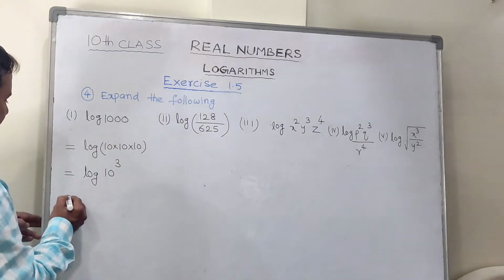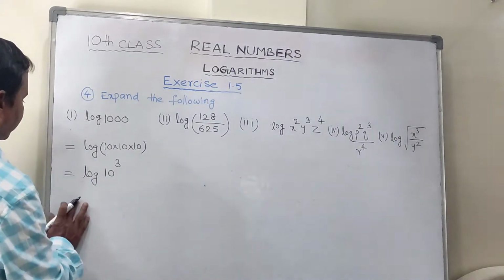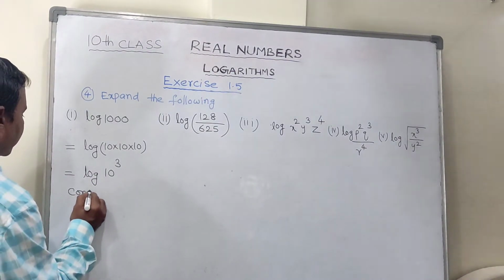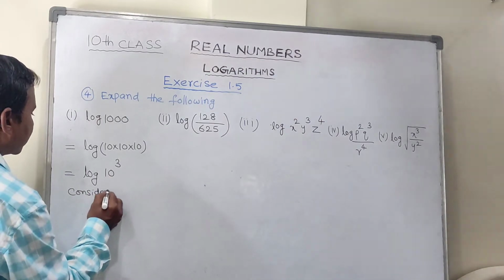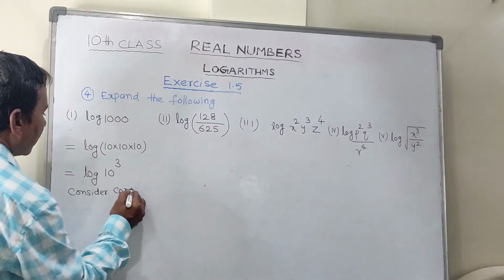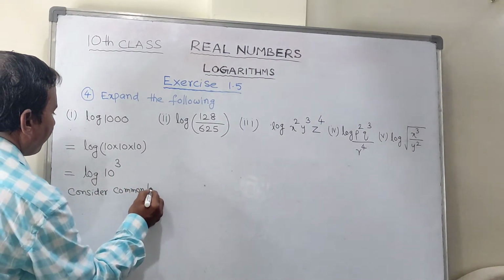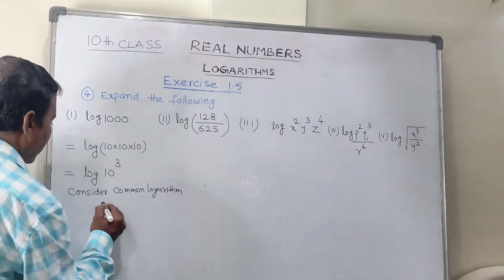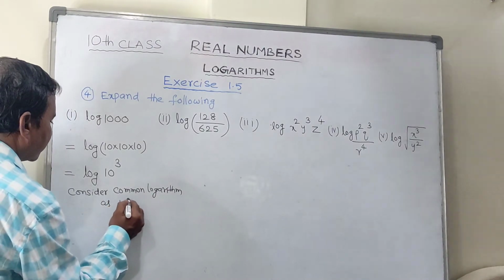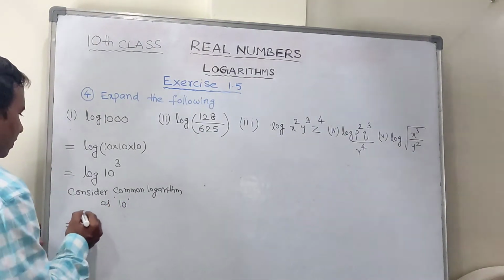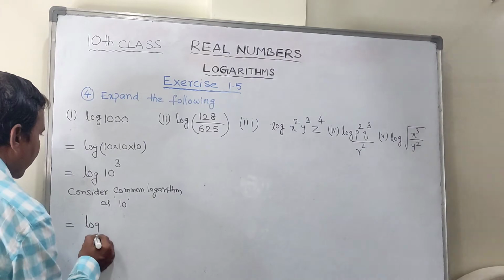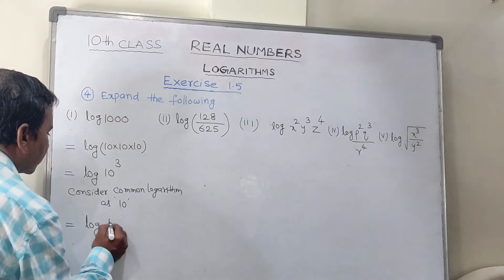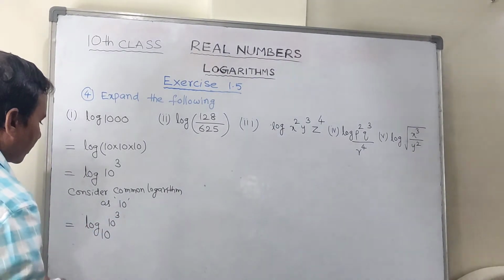Base is not given means if we consider common logarithm. What is common logarithm? Common logarithm has base 10. Suppose take 10 as the base, common logarithm.